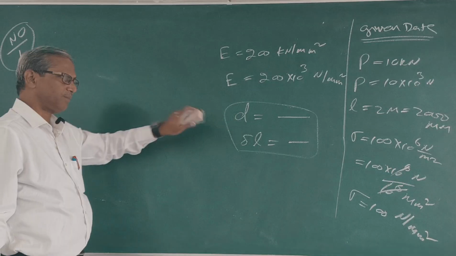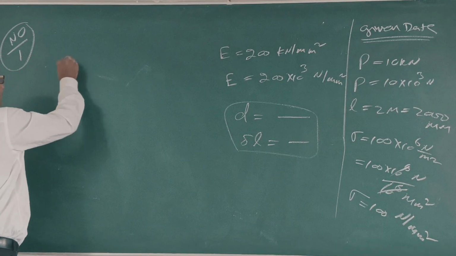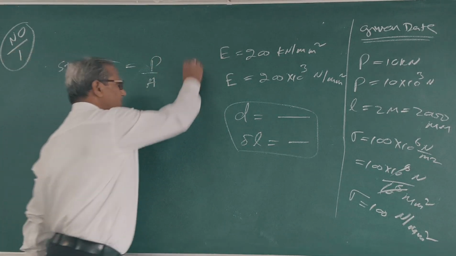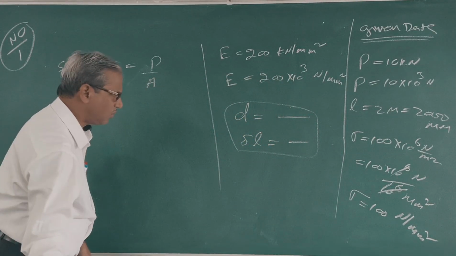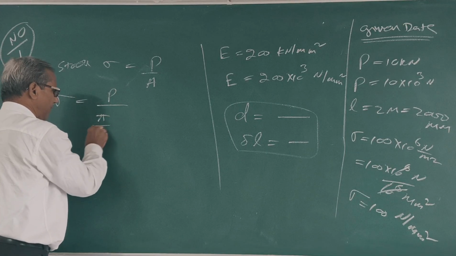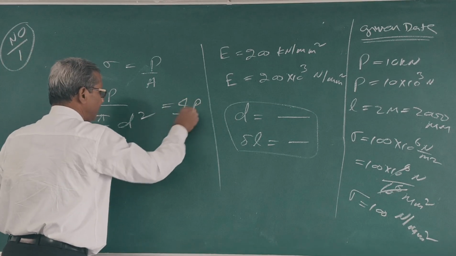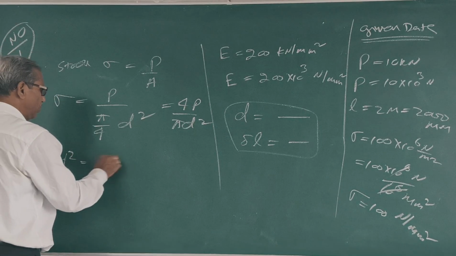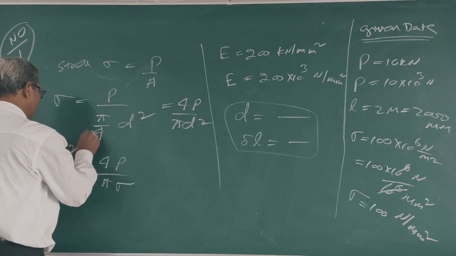These are the given data. Now stress sigma is equal to P by A. Clear? Sigma is equal to P by (pi by 4) D square, that is 4P by pi D square. So D square is equal to 4P by pi into sigma. Clear?